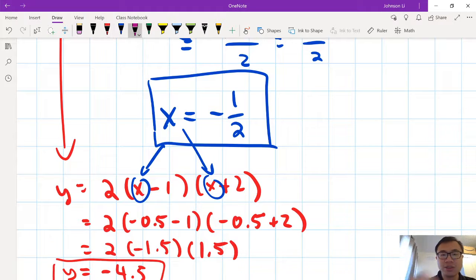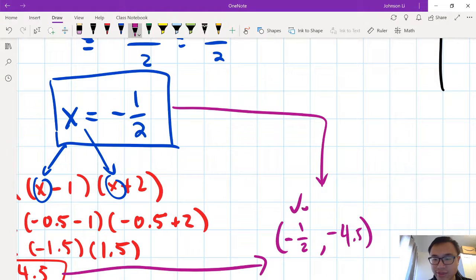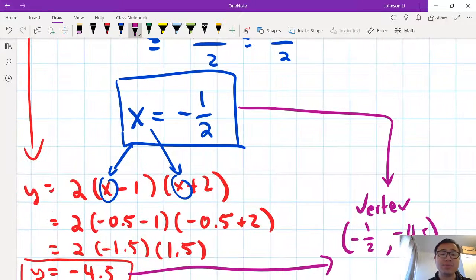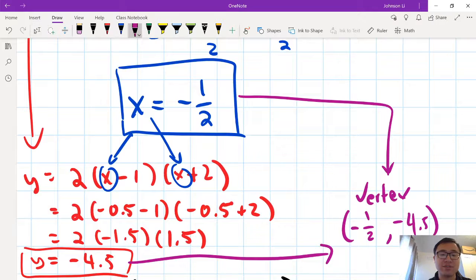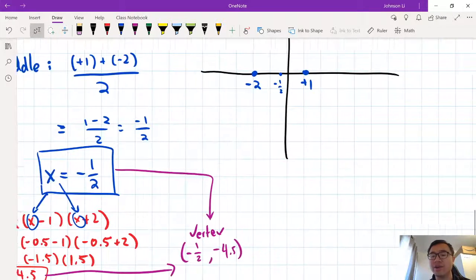So I'm going to join them together, and that creates the coordinate of my vertex, which is our x value is negative 1/2 and our y value is negative 4.5. So this is our vertex. Again, this x came from our middle value and the y came from the fact that when we plugged in our x as our middle value into our equation, we received a corresponding y value.